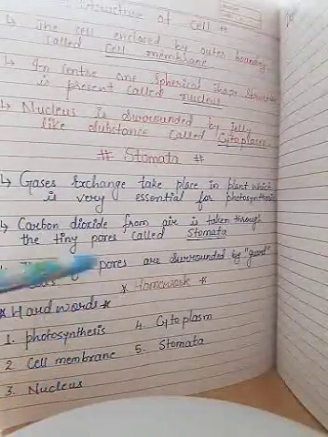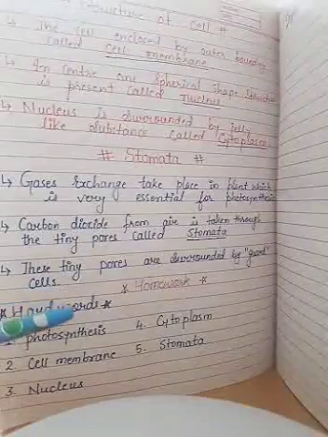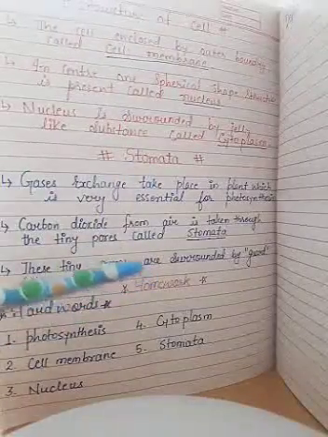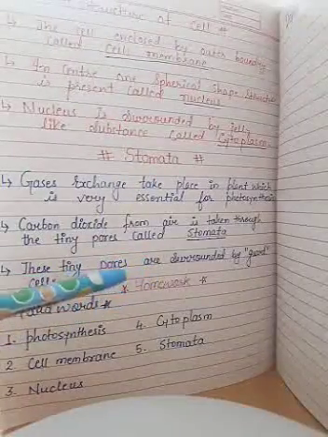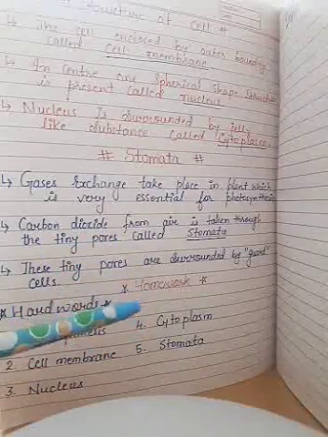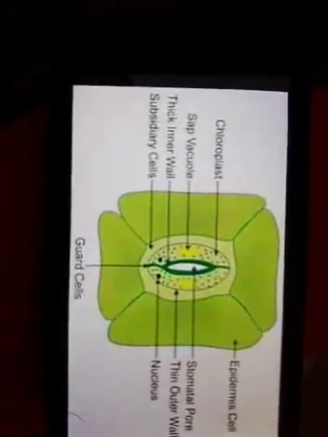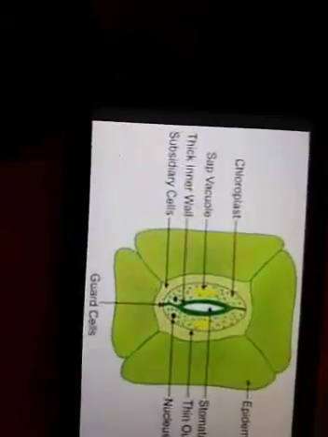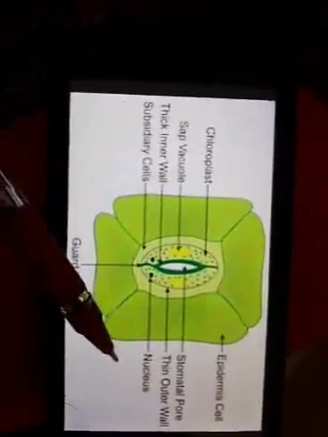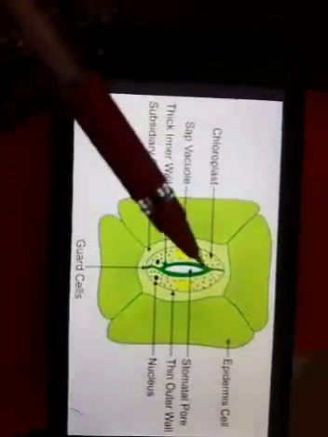These tiny pores are surrounded by guard cells. We can easily understand with the help of a diagram. You can see the diagram of stomata. See, this is the stomatal pore which is present in leaves.